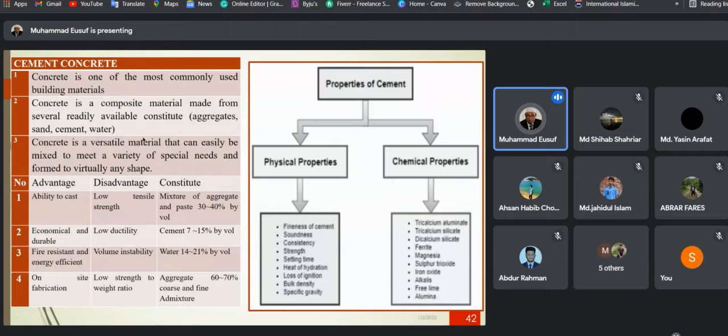Water divided by cement equals the standard 0.55. That means this ratio is 55%, 0.55. So water equals 0.55 times 50 kg of cement.